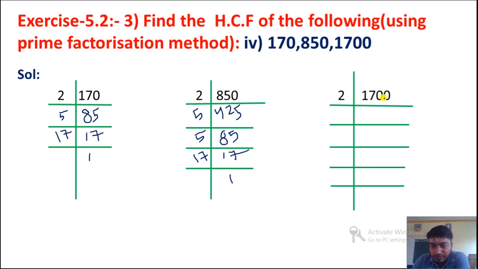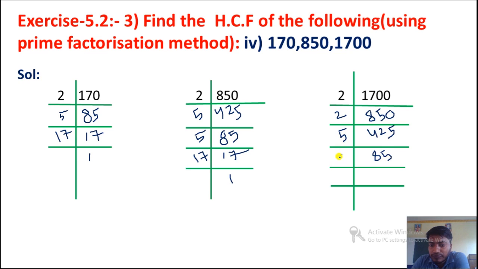Now this also we can divide by 2. So we will take 2. 2 8s are 16, 1 left, 1 0 is 10, 2 5s are 10, then take 0. Now 2 4s are 8, 2 2s are 4 and 2 5s are 10. Now it will go by 5, 5 8s are 40, 2 left, 2 5 is 25, 5 5s are 25.